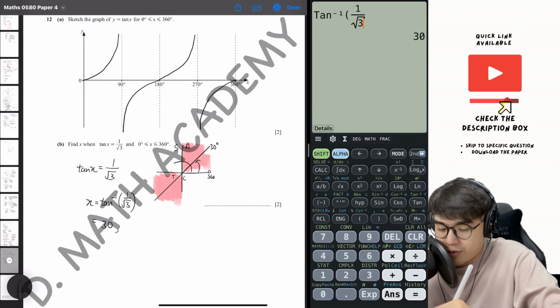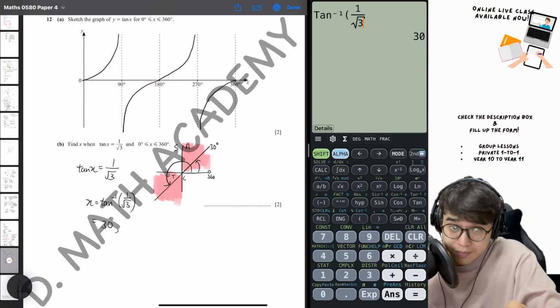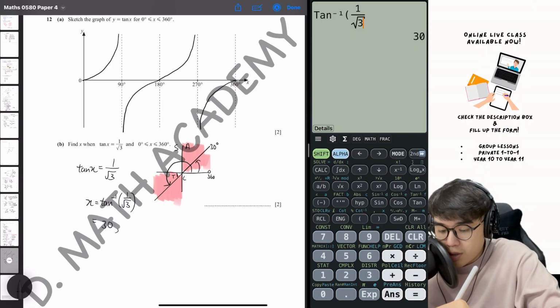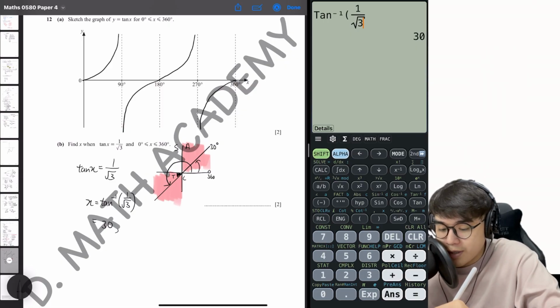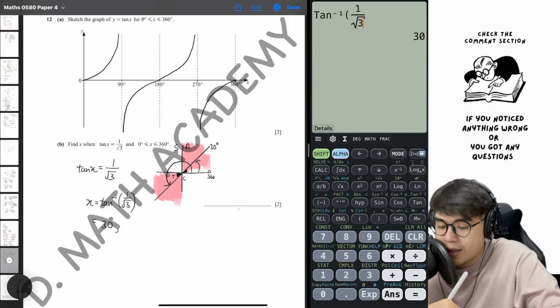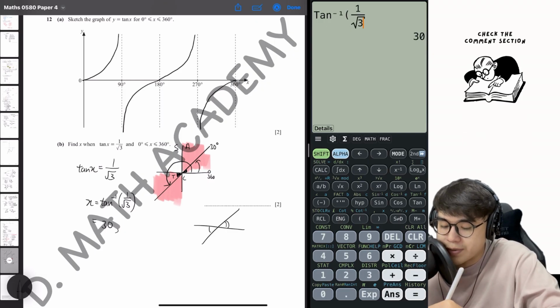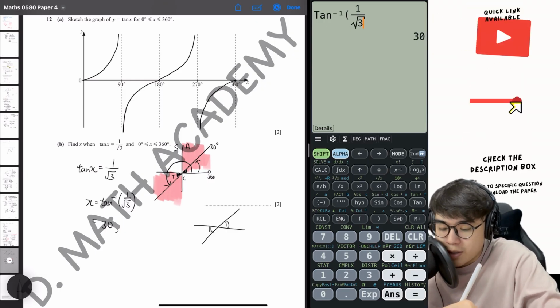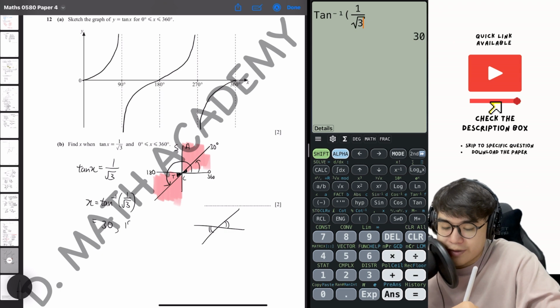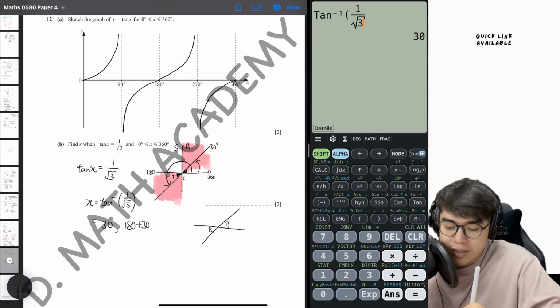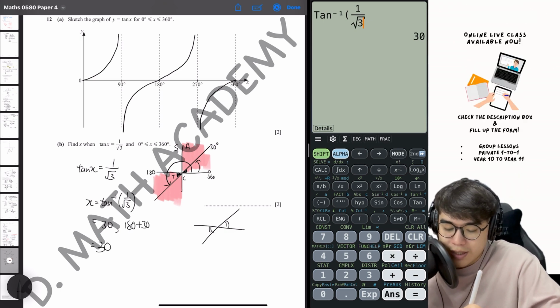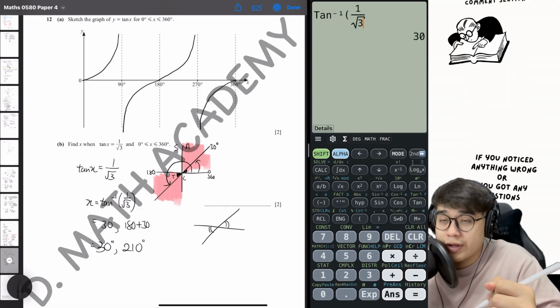Please take note that you're trying to transfer it to here. Using your vertically opposite concept, the one that when you have a cross, the opposite side would be the same, you must know that it exceeded 180 by another 30. So the 2 answers that they want from you will be 30 degree and 210.